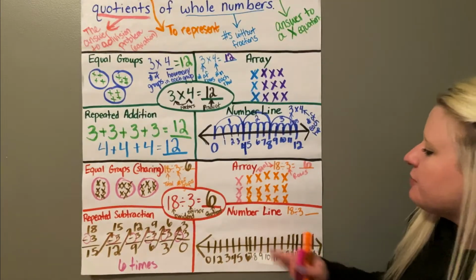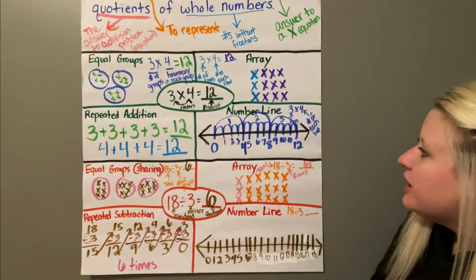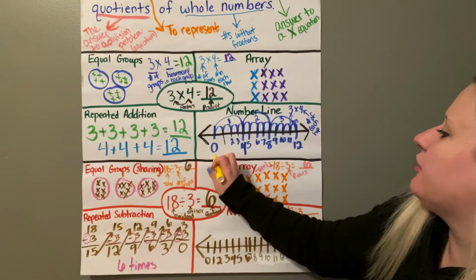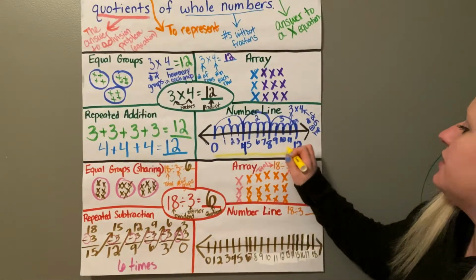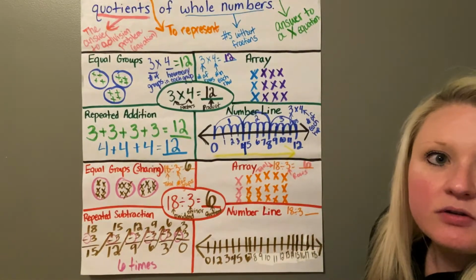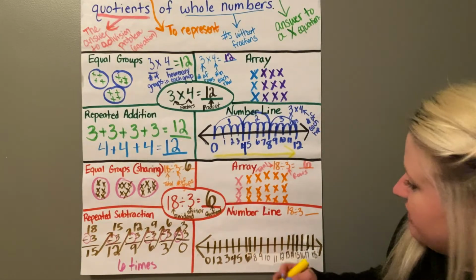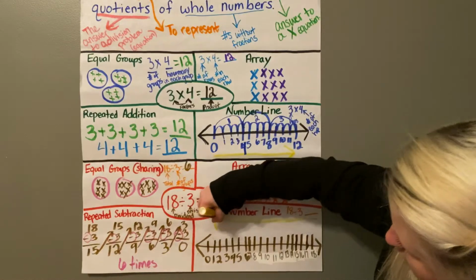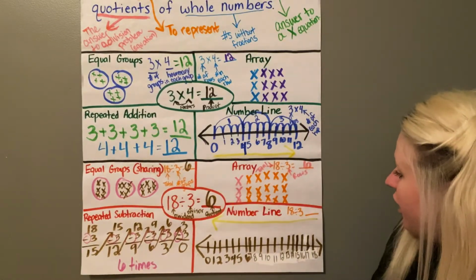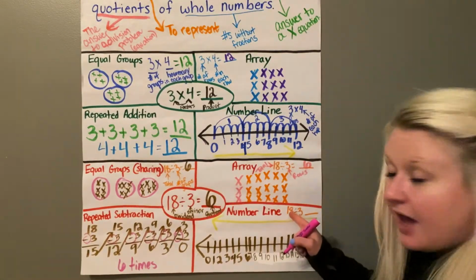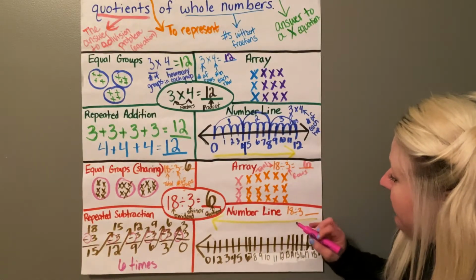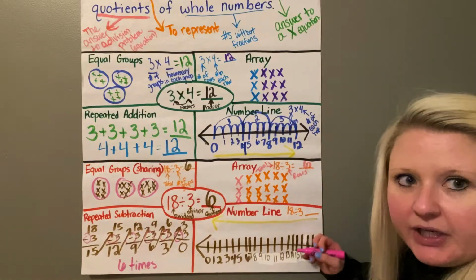All right, and then for our number line, we're going to do the opposite of our multiplication. With multiplication, we were going this way. Okay? But then in division, we're going to be going backwards. We're going to start at our total here, and then we're going to go backwards by groups of 3.